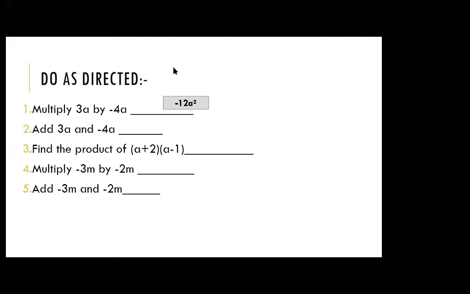Here, Rida. Okay, students are raising their hand. So please unmute yourself to give me the answer. Answer number 2. Please share your answer, student.